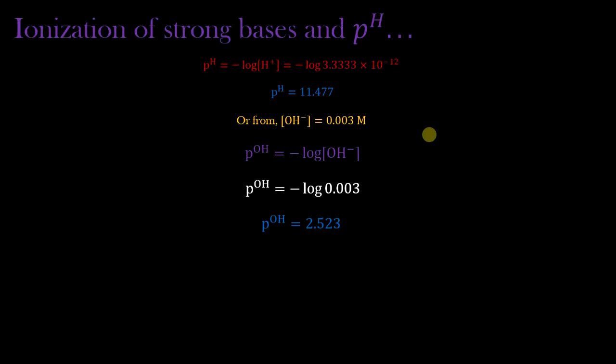Therefore pH is going to be 14 minus pOH, and substituting for the value of pOH, which is 2.5, our pH is going to be 11.5, and that will be the pH of the 0.03 molar sodium hydroxide. So in whatever approach you use, you must arrive at the same value of pH.